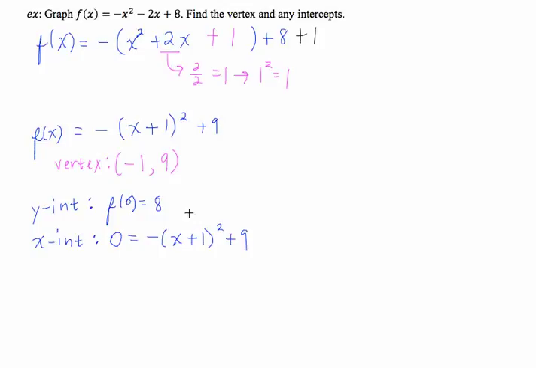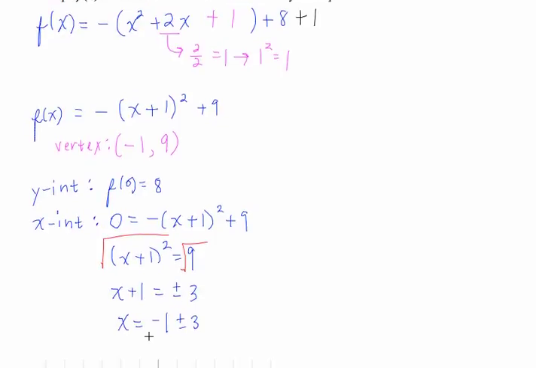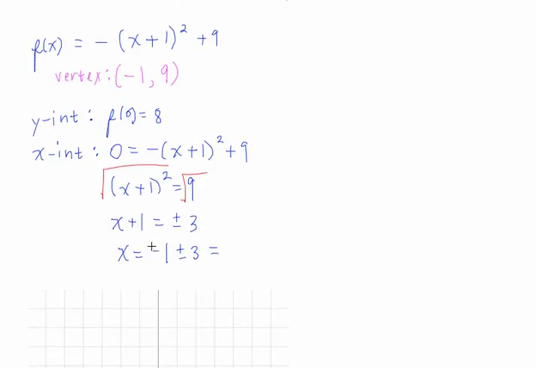Because if I add this term to both sides, then we'll have (x plus 1) all squared equals 9. I can take the square root of both sides. So we have x plus 1 equals plus or minus 3. So x equals -1 plus or minus 3. Which is either, let's see, -1 plus 3 is 2, -1 minus 3 is -4.